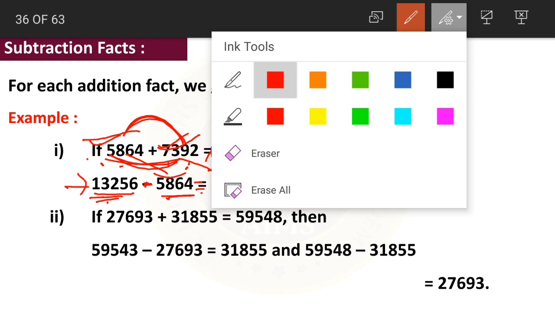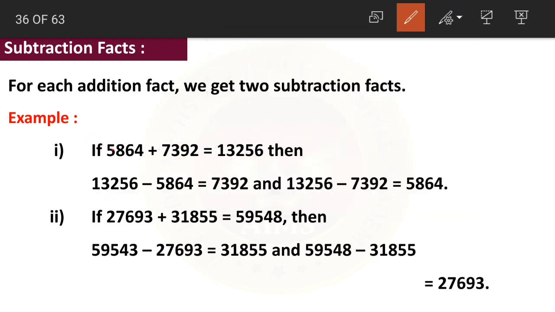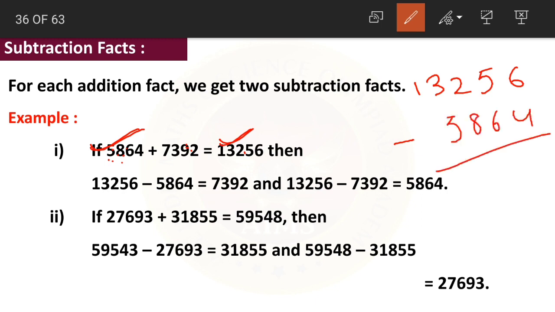Okay, if you want we can check here. See, what did I say? Of these three numbers, our sum is the larger number. So 13,256 minus, again of these two addends, take any one addend. Let's say 5,864. We need to get two subtraction facts. So we are subtracting. 6 minus 4, 2. 5 minus 6, not possible, so we'll borrow. 15 minus 6, 9.